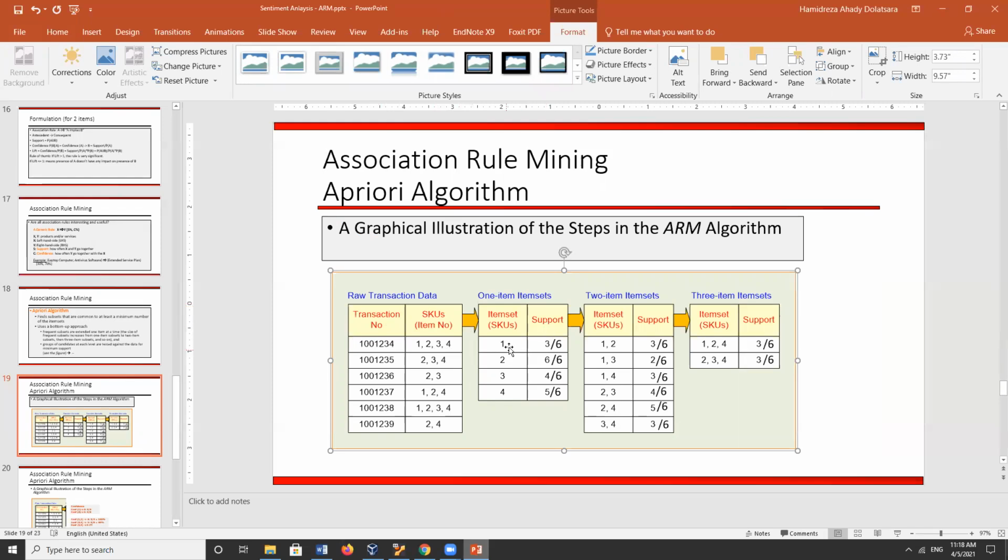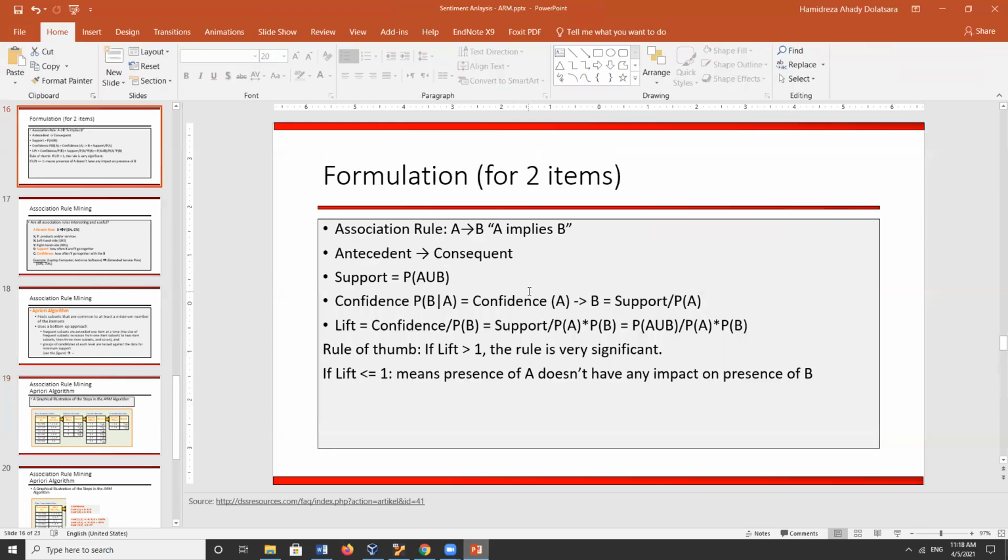So let's calculate the support of 1, 2, 3, 4. These are my items. Out of 6 transactions that I have, in 3 of them I have 1. So support of 1, let me go back to the formula. Actually, this is for 2 items.